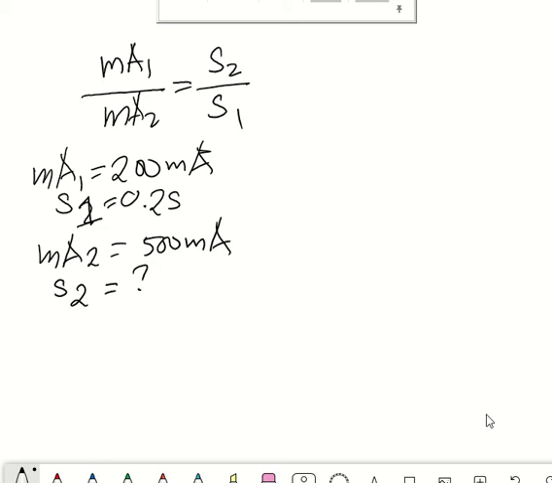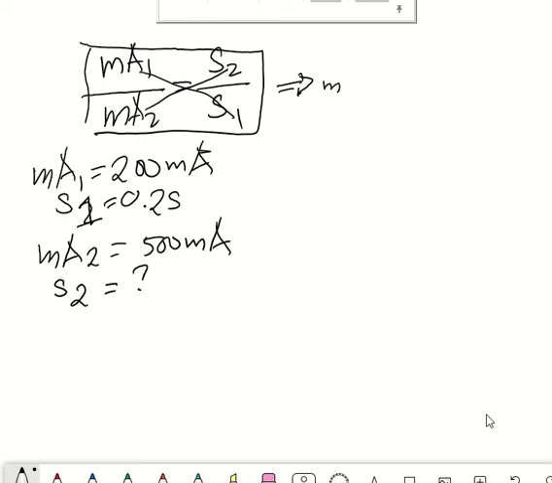Okay, so we will substitute. To make it easier, we will cross multiply. This is also equivalent to mA1 times S1. Remember I said that when they are on the same side, they are inversely related. This is equal to mA2 times S2.